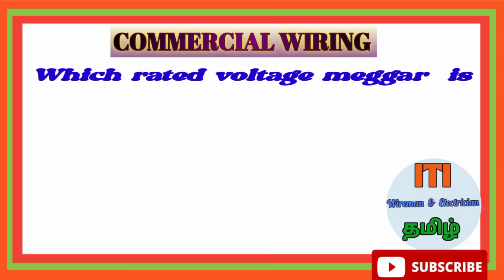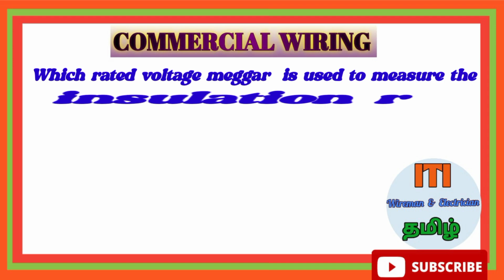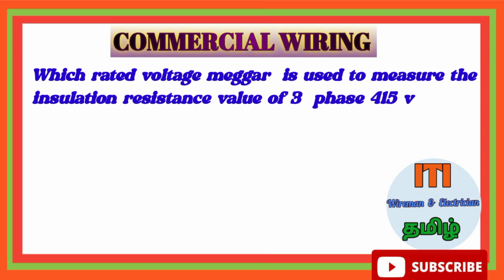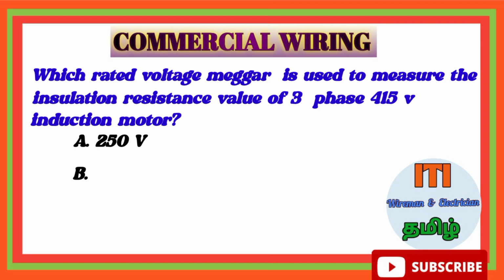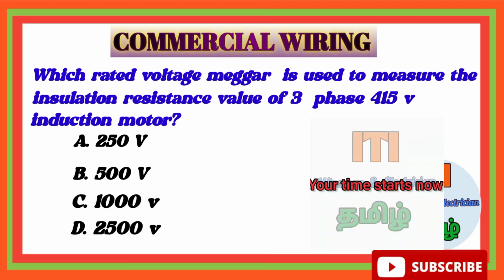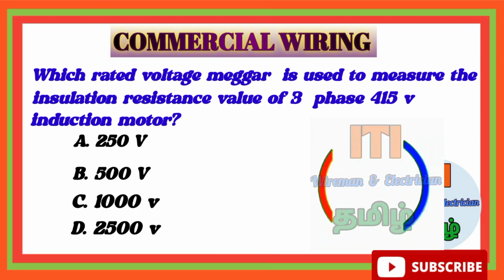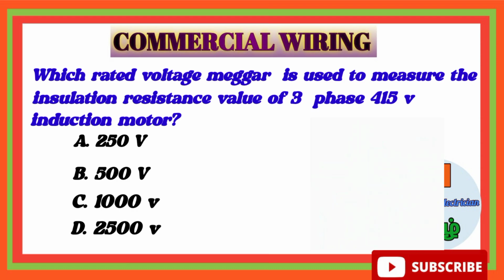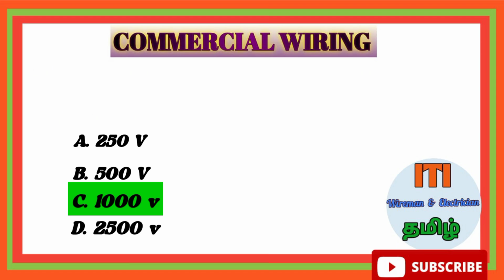Which rated voltage is used to measure the insulation resistance value of a 3-phase 415 volt induction motor? Option A, 250 volt. Option B, 500 volt. Option C, 1000 volt. Option D, 2500 volt. Answer: option C, 1000 volt.